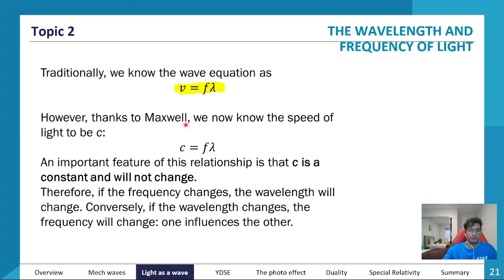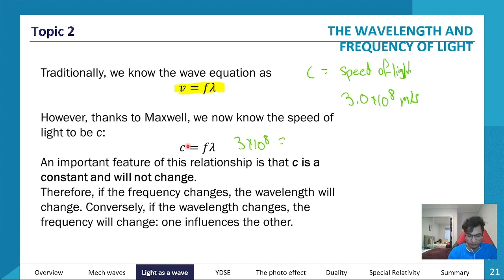It's just that velocity has been swapped out for the speed of light. So if you ever see c, that's the speed of light, which is 3.0 times 10 to the 8 meters per second. So this formula is saying 3 times 10 to the 8 is equal to frequency times wavelength.